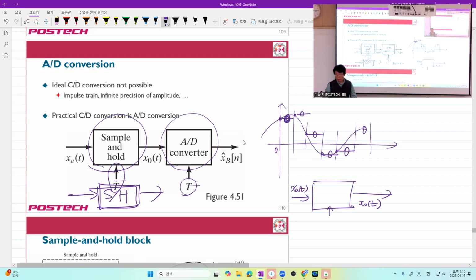Then they have a mapping rule that assigns a finite number of bits from all zeros to all ones, depending on how they assign the A to D conversion function.